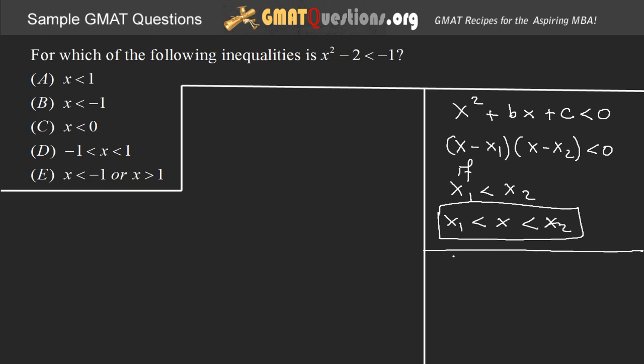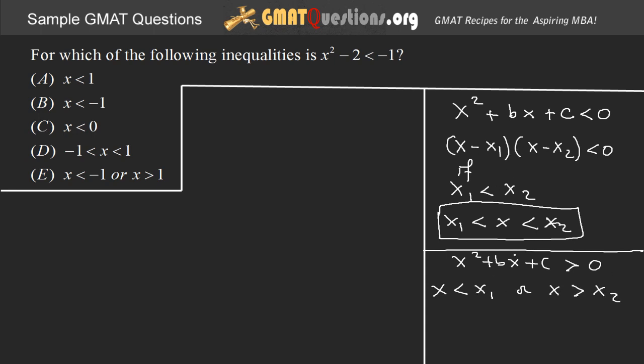If you have x squared plus bx plus c greater than 0 or greater than or equal to, in that case x is less than x1, or x is greater than x2. The same thing here.